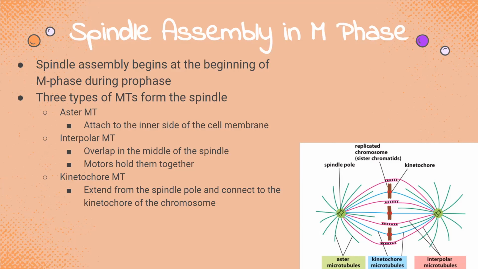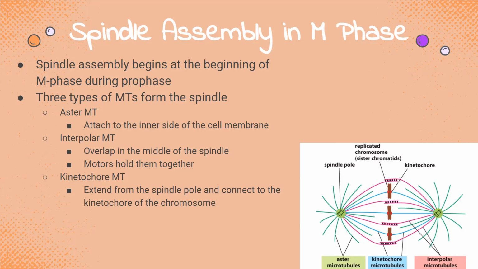Interpolar microtubules are overlapping in the middle. So these are the ones that Eg5 will sit on, which is one of our kinesin-5 family proteins. And again, during anaphase, that will help us push our spindle poles apart, and we'll talk a little bit more about the push-pull model. And aster microtubules attach to the cortex of the cell membrane, so the inner surface, and those are structural.